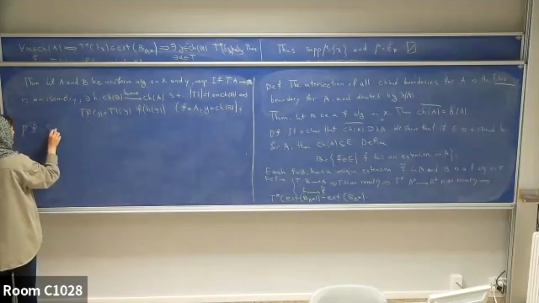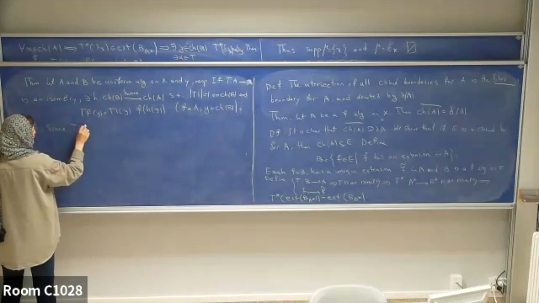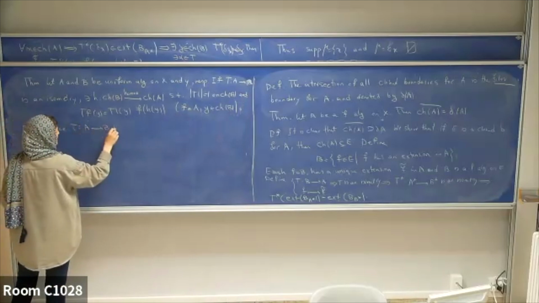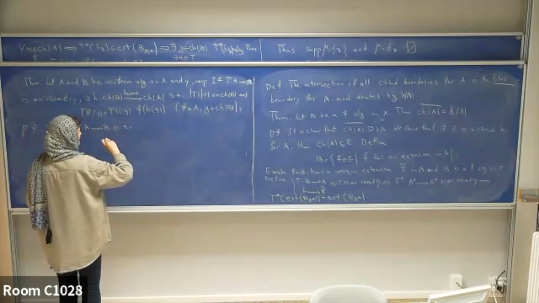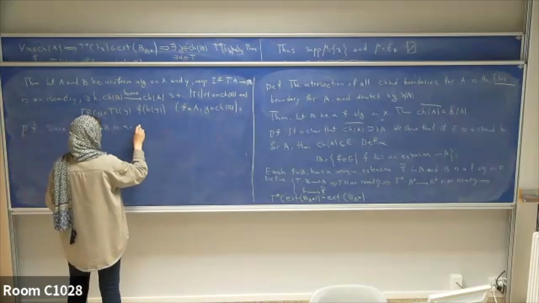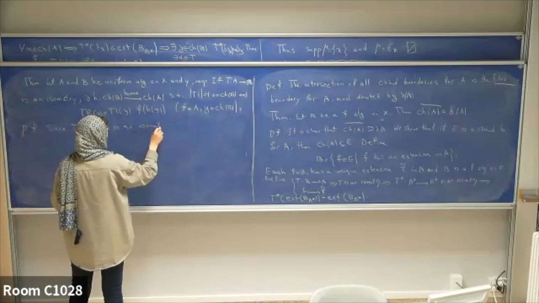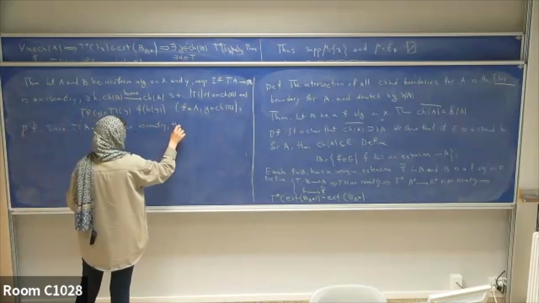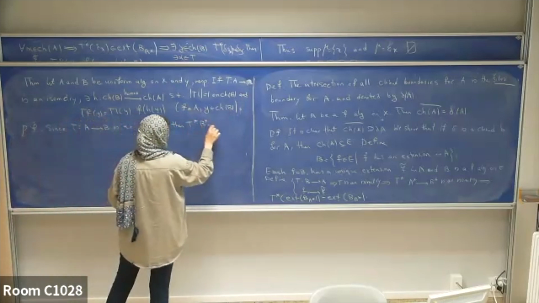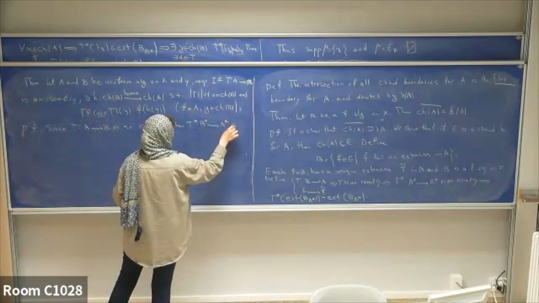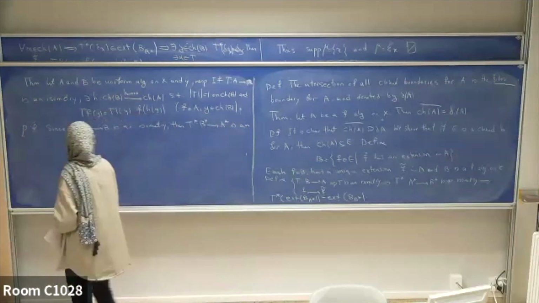And since T from A to B is an isometry, like the previous method, then T star from B star onto A star is an isometry.